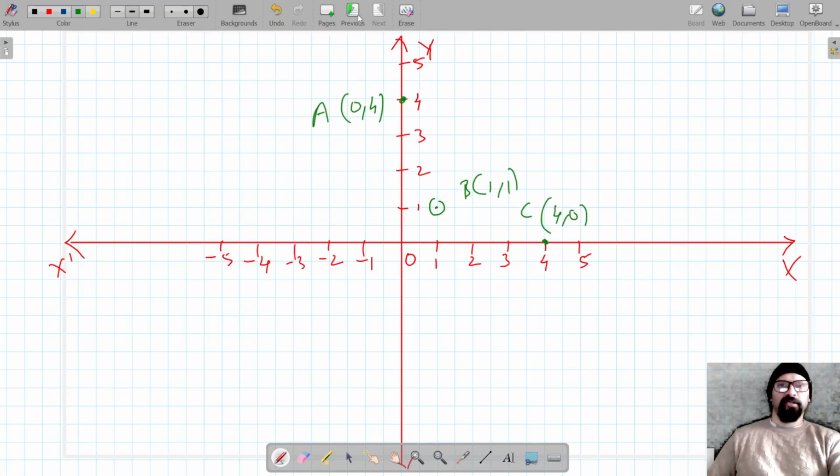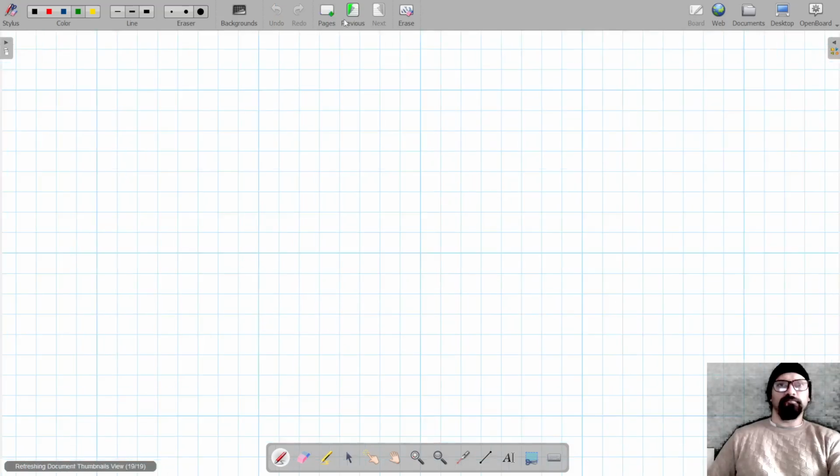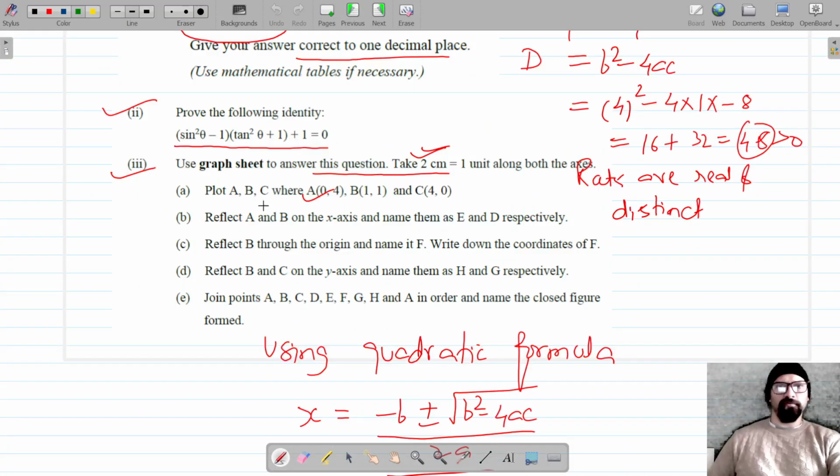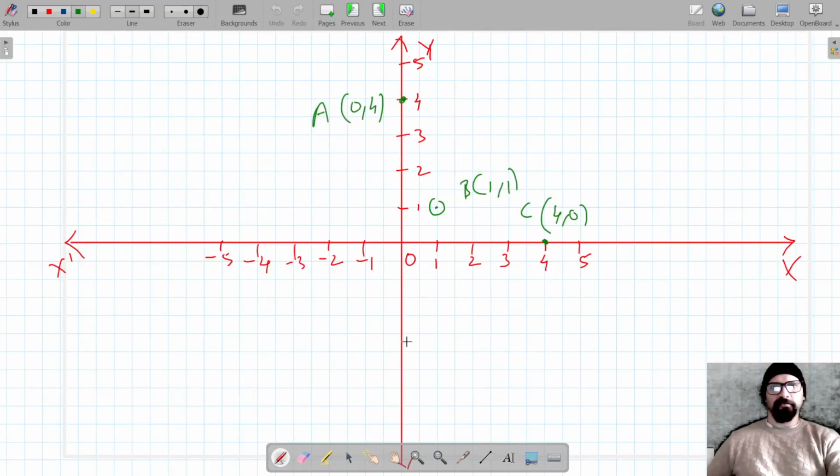Okay, now the next is to reflect A and B on the x-axis and name them E and D. So we have to reflect A and B about the x-axis. A has to be named as E. So I'm going to reflect A on the x-axis. This is A, which is 0 comma 4.